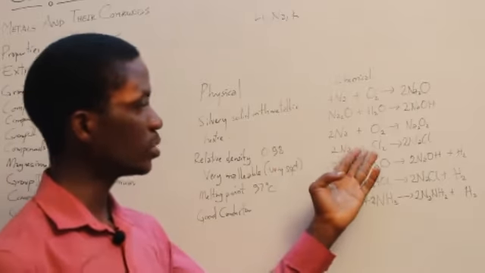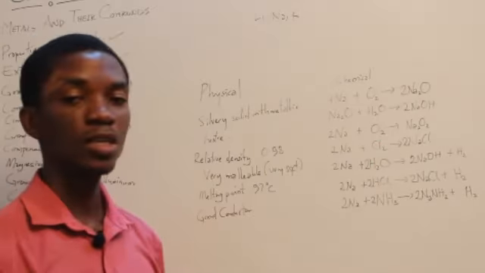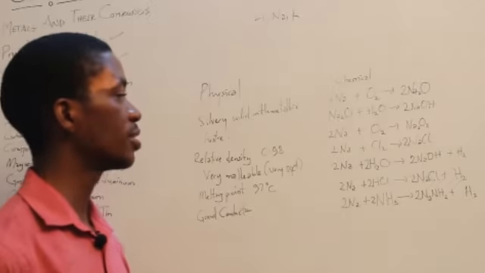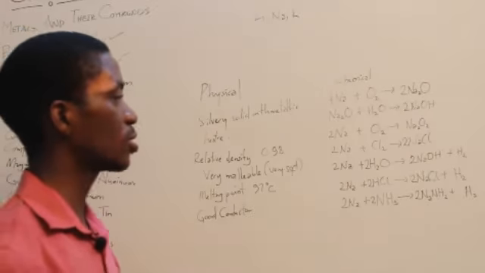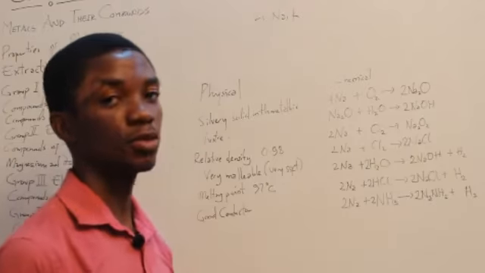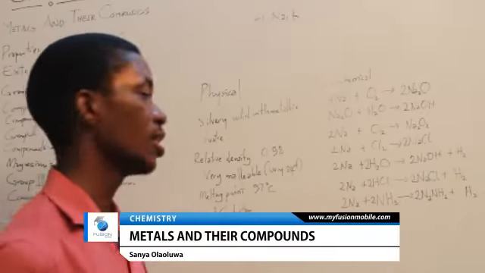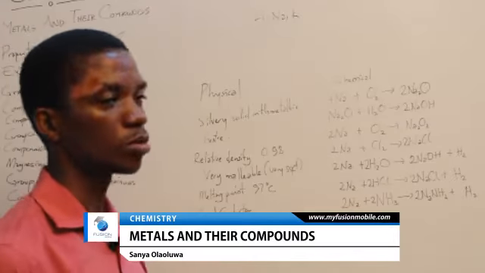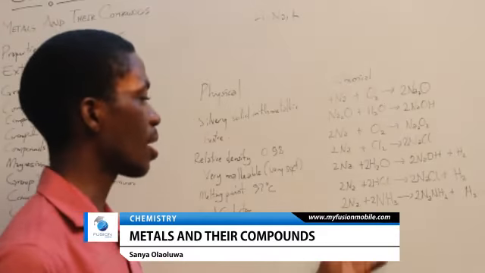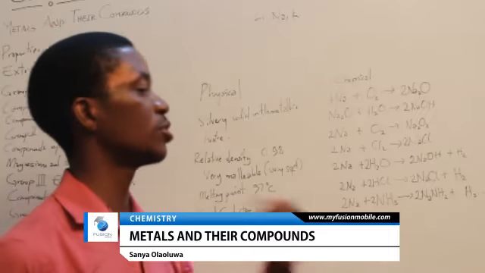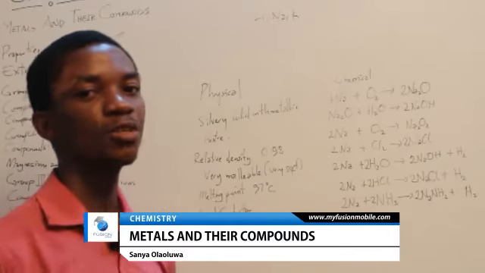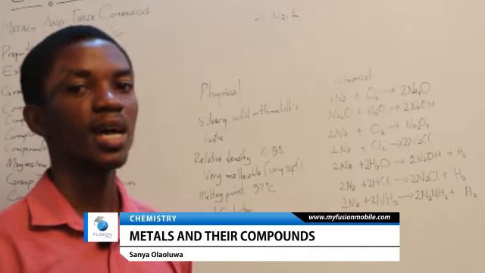So it can join itself to chlorine to form sodium chloride, and it reacts with water to liberate hydrogen and produce the base. It also reacts with acids to liberate hydrogen and produce the salt, and it reacts with ammonia to liberate hydrogen. You see, every time it sees hydrogen, it displaces hydrogen.